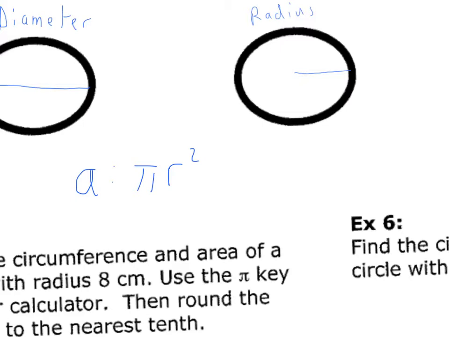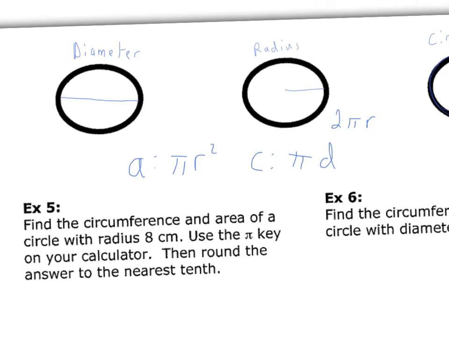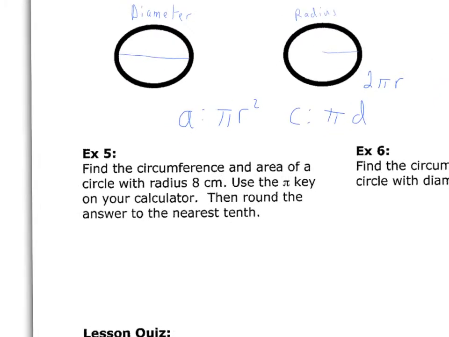And your circumference can either be pi times diameter, or it can be 2 pi r. Those are the ones that are often used. Depending on what part of the circle they give you in your problems, you can use either one of those.